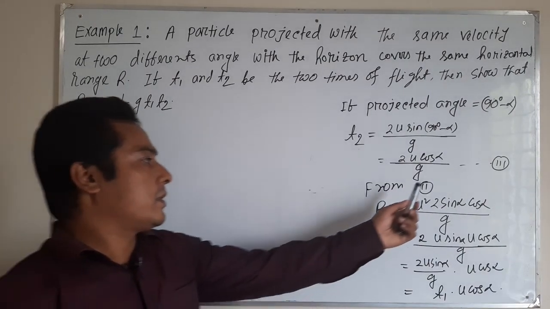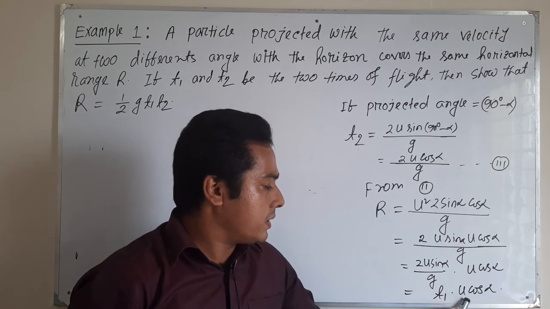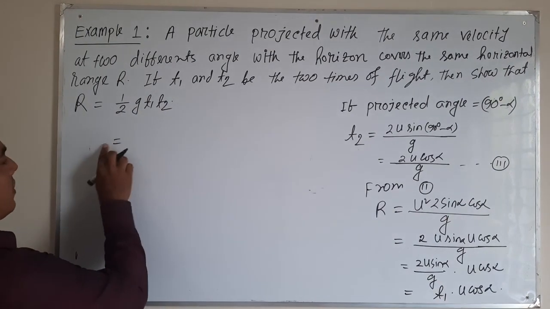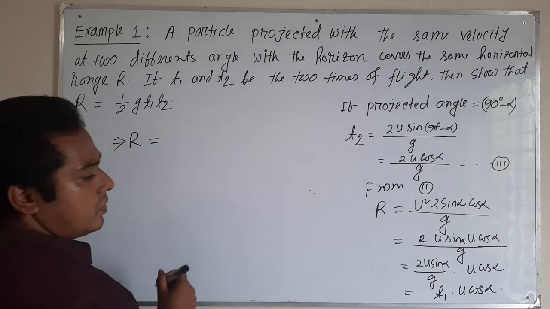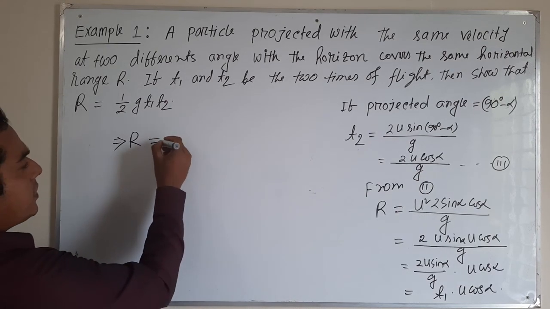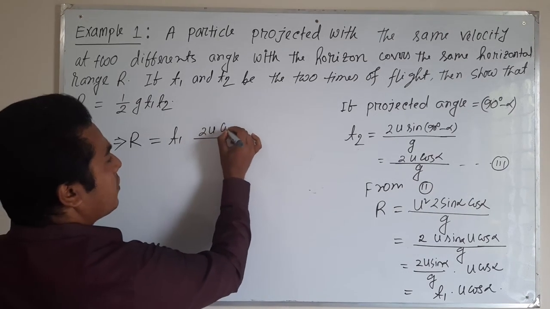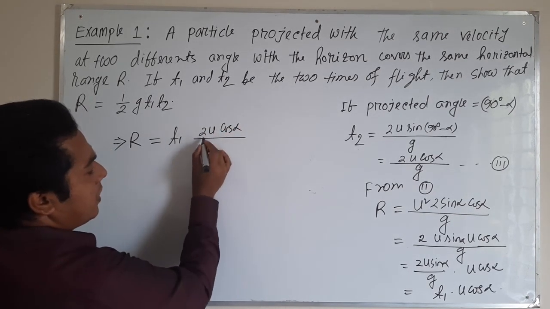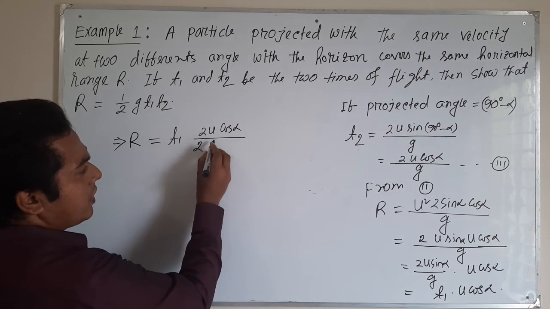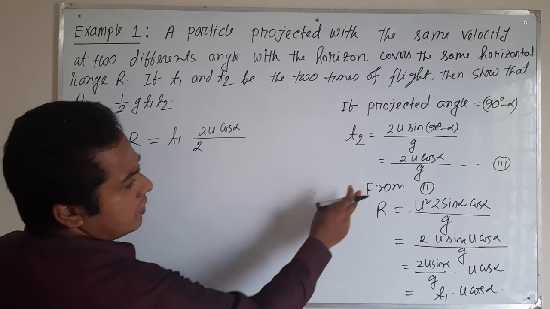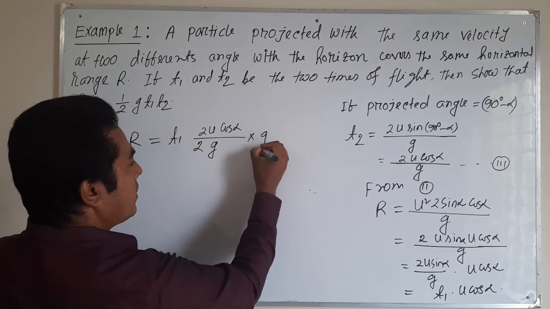we want to use this equation, need 2u and divided by g. For this case, r is equal to t1, 2u cos alpha divided by 2. For the minimize, 2 divided by also 2, and we need 2u cos alpha divided by g, so multiply also by g.